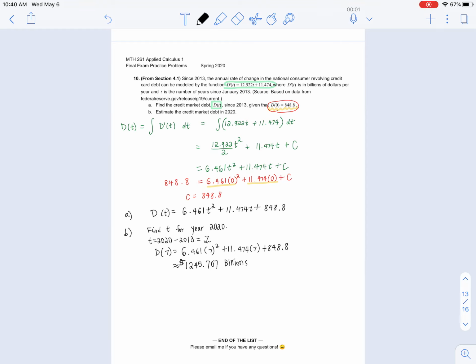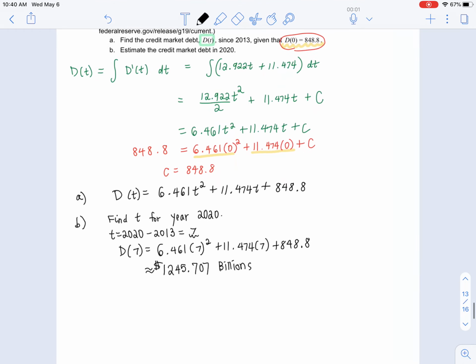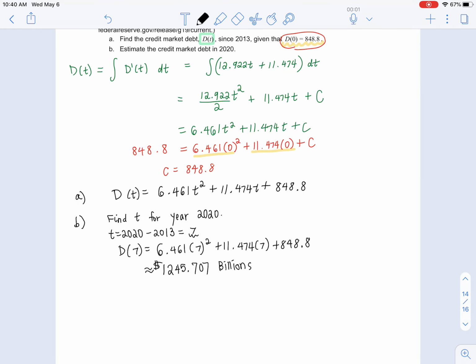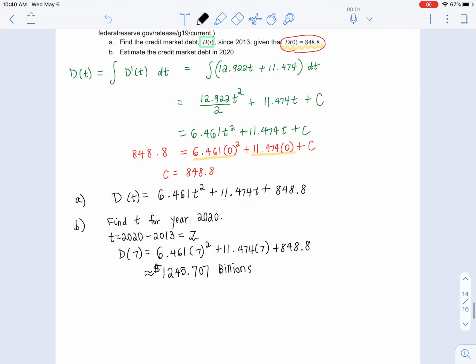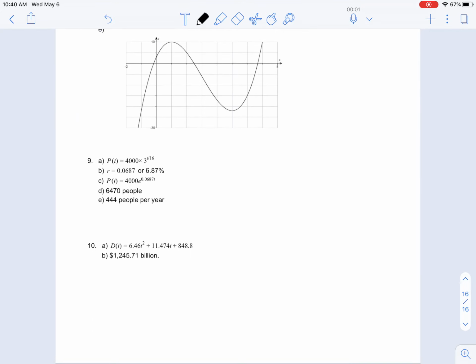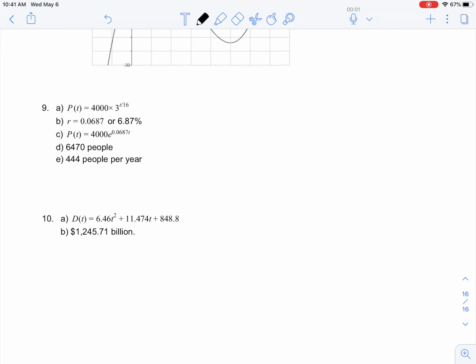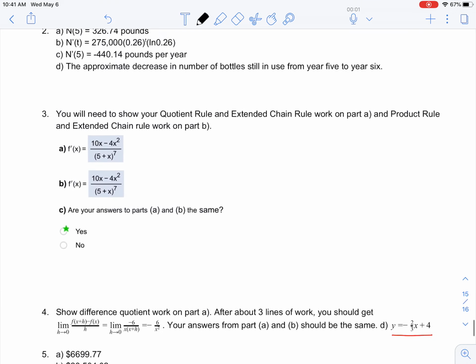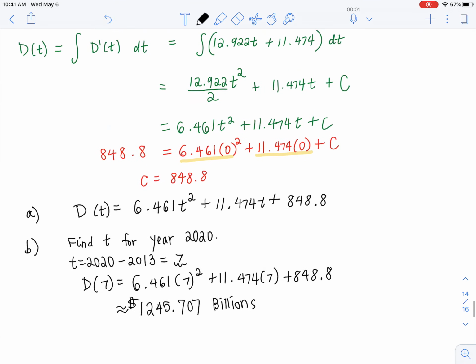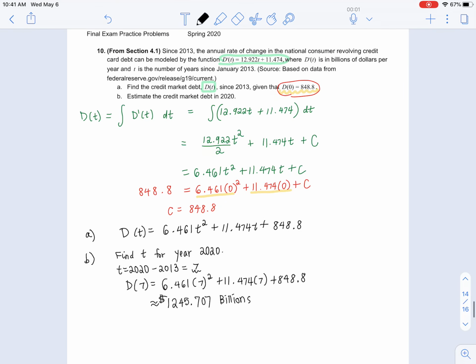You just gotta remember this is billions of dollars. If I wanted you to round it to the nearest million or something like that, but I don't think I'll do that. Just double checking, it's 1245.707, so about 1245.71 billion. That's fine. It didn't really give you a strict rounding rule here. But that's how you would do number 10.